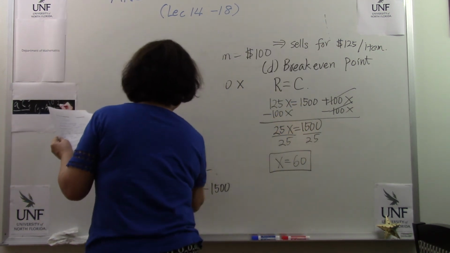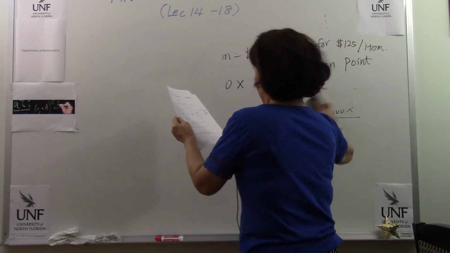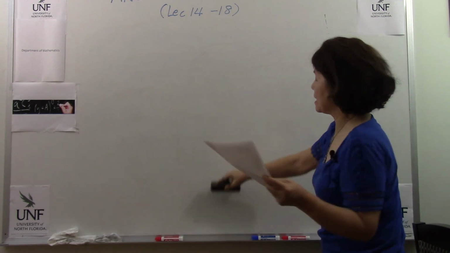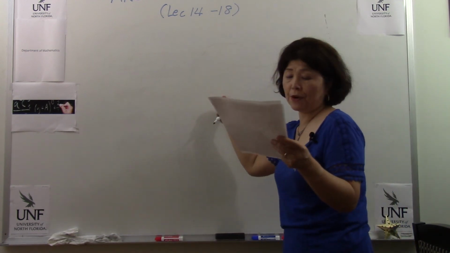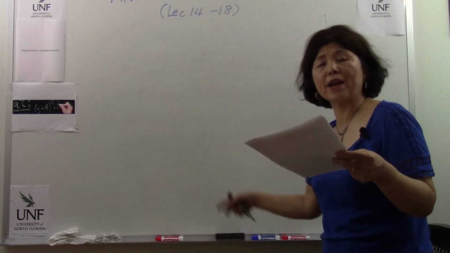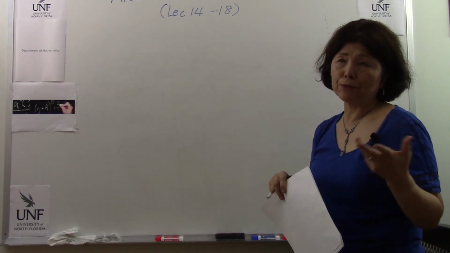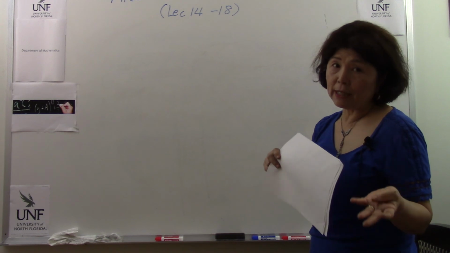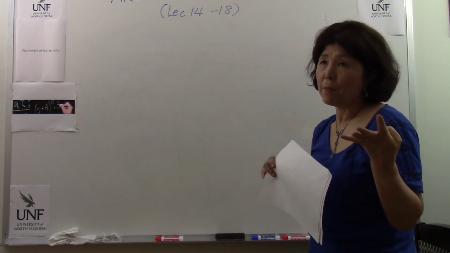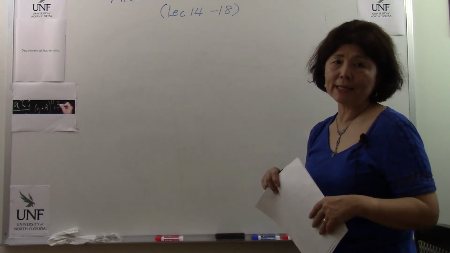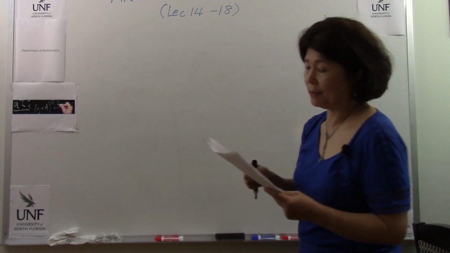So page 1 covers very important topics used in other areas, for example, here cost and revenue and break-even point. If you study business, you are going to use that in accounting class, basic business administration class and the finance class. You are going to use that a lot.